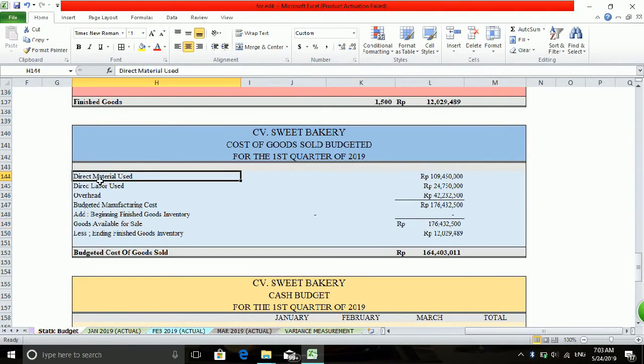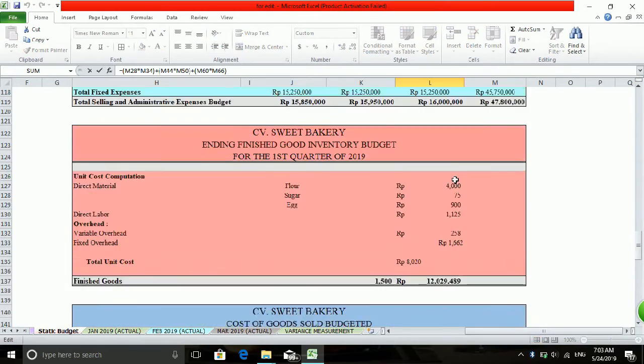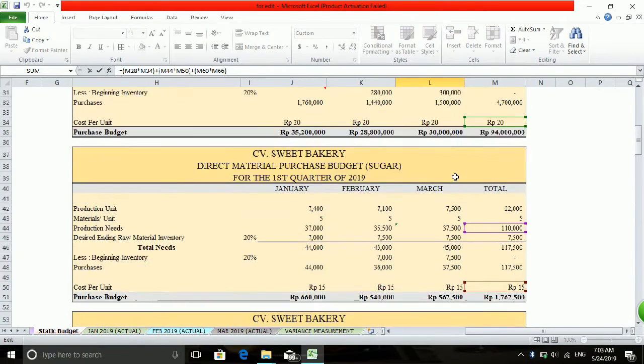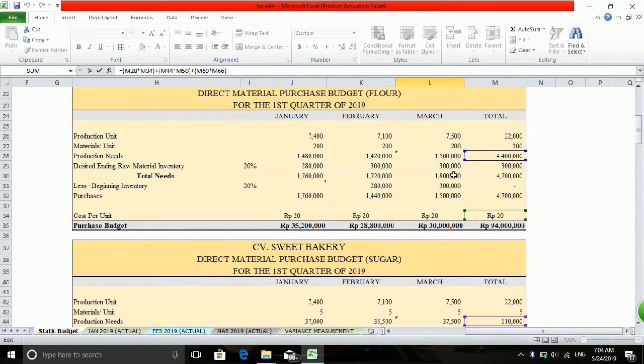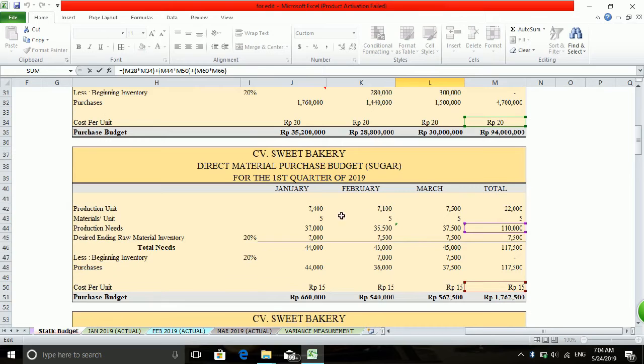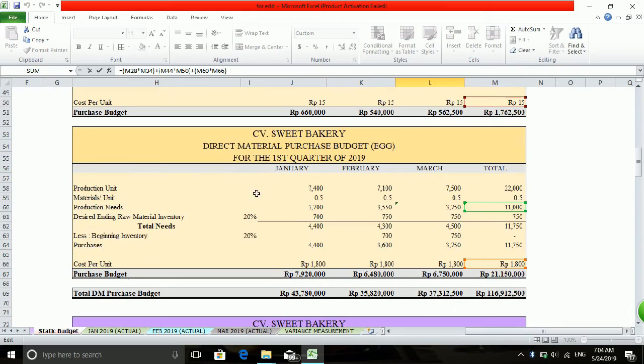Direct material used is from the direct material purchase budget of flour, production need multiplied by cost per unit, plus the direct material purchase budget of sugar, production need multiplied by cost per unit, plus the direct material purchase budget of egg, production need multiplied by cost per unit.